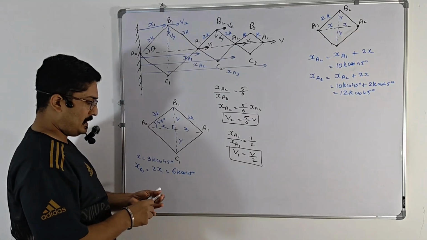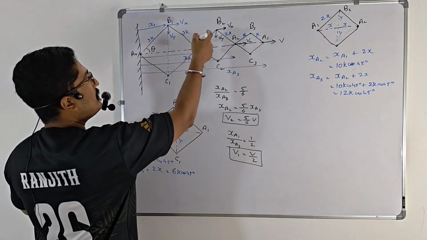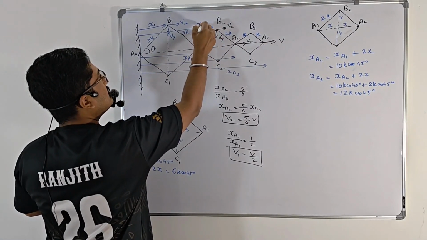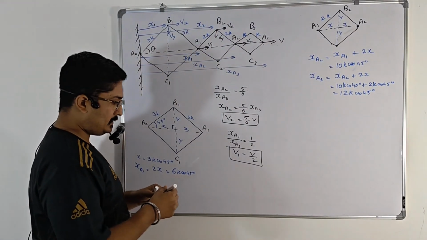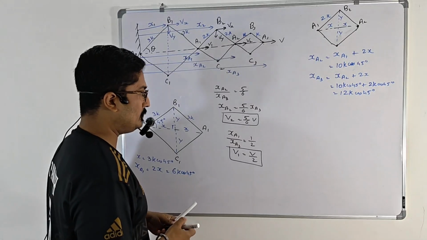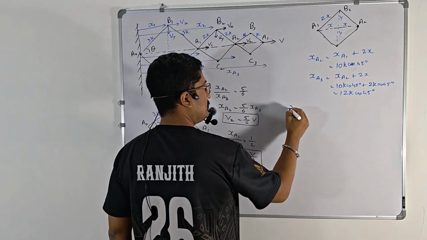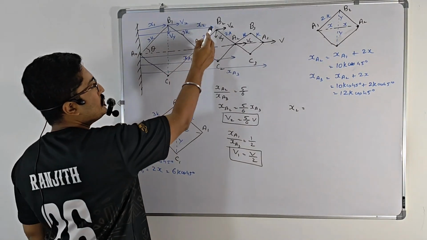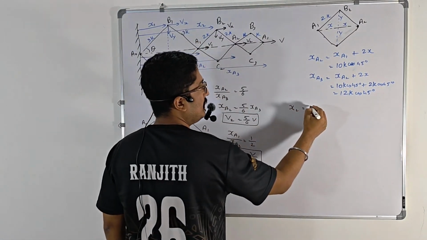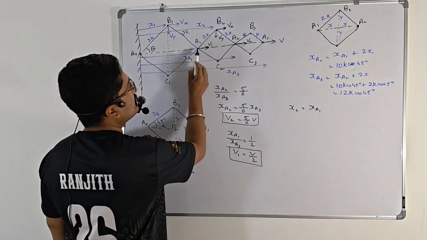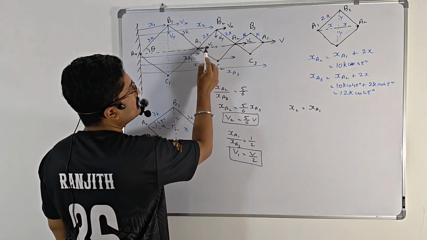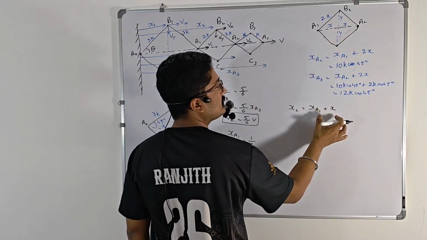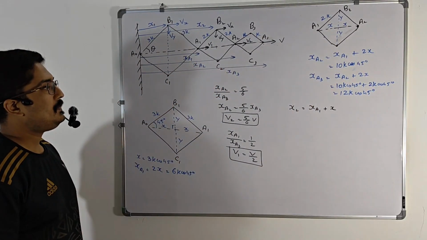So I said that I'm considering the position of that B2, right? The position of B2, I'm considering it as X2. So can I write something for this X2? From the diagram, X2 should be equal to XA1 plus, until here, the distance, plus X, this much distance, right?